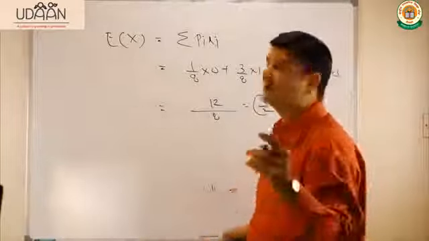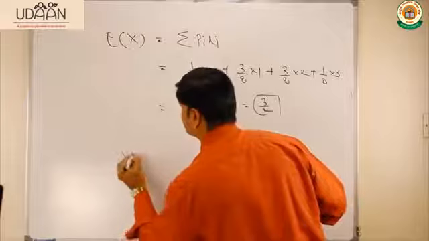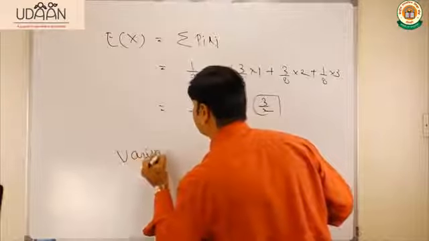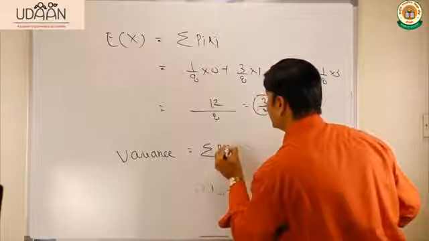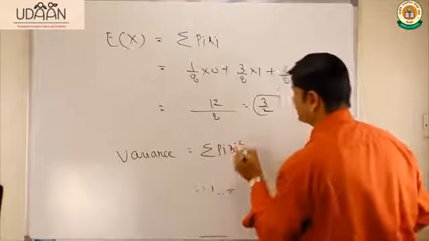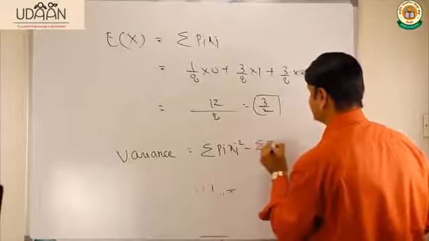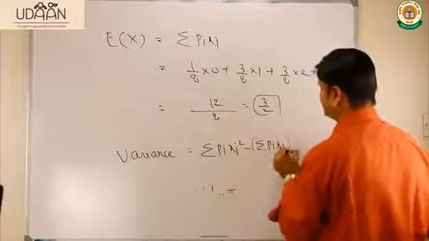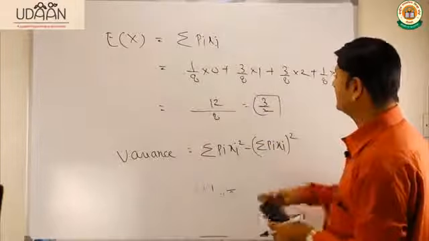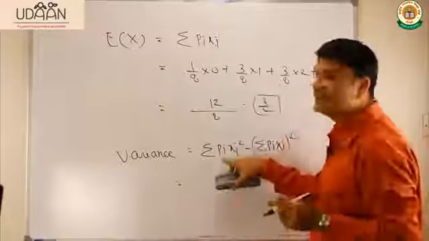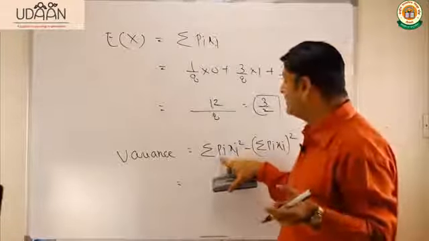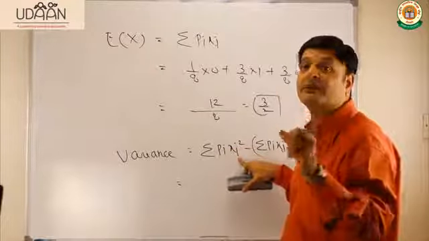Now the second part, if you have to find the variance, so write the formula for variance. The formula is summation pi into xi square minus summation pi into xi, the whole square. Please try to understand, pi into xi square means probability into square of the random variable.